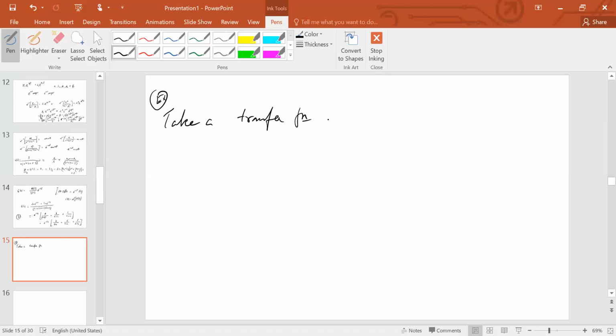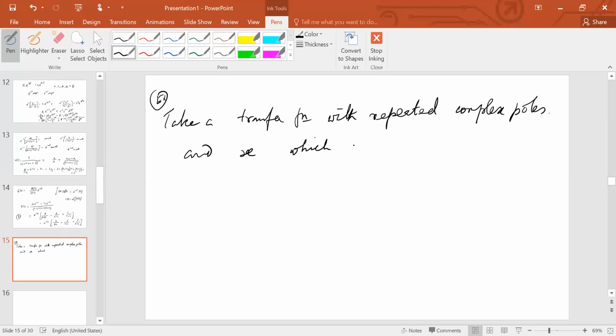Take a transfer function with repeated complex poles and see which method is easier. I can give you an example.